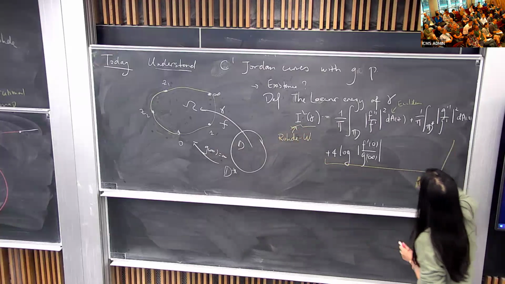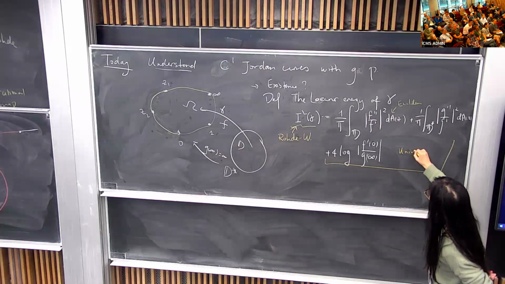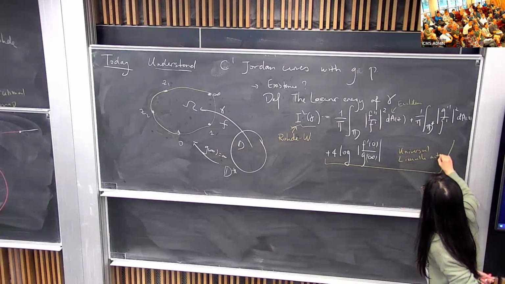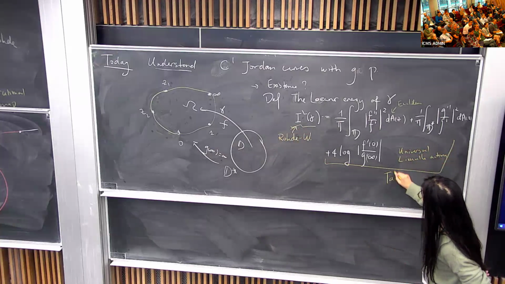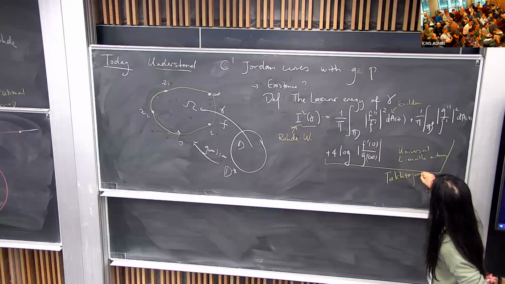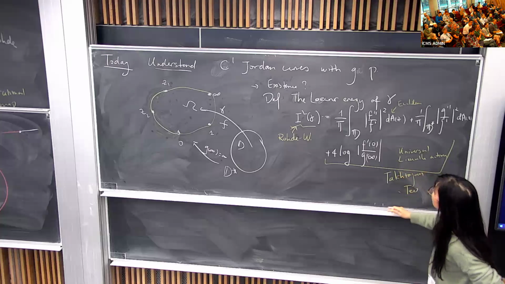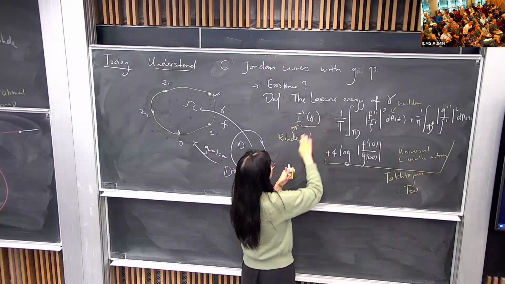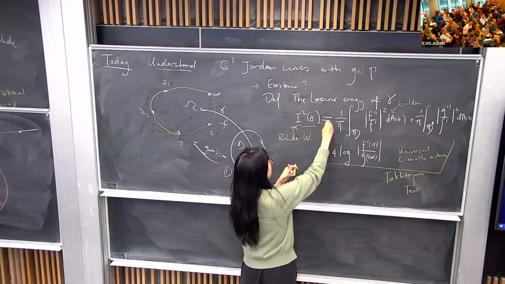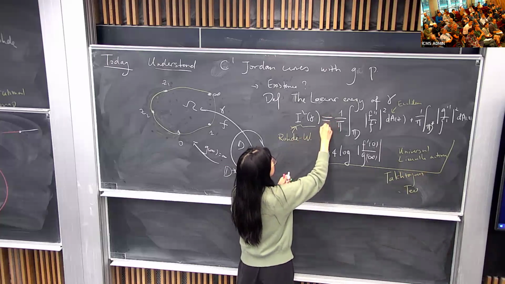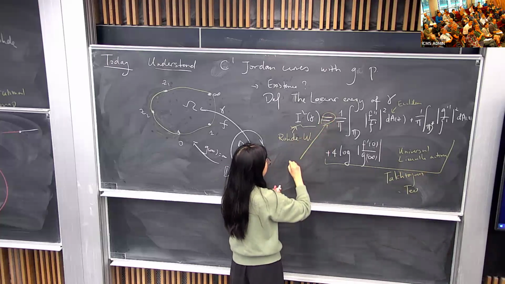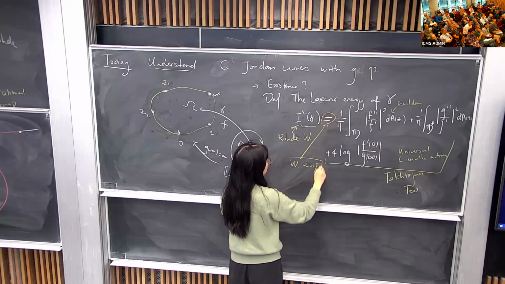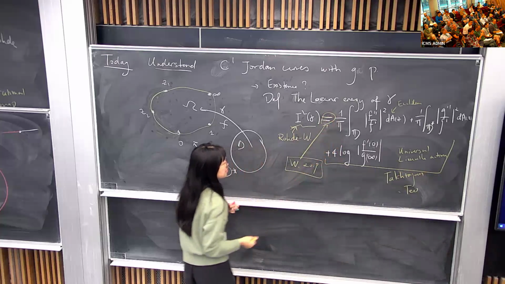The right-hand side has another name, called the universal Liouville action, introduced by Takhtajan and Teo. This equality is a result by myself in 2019. So now you can just consider this as a definition.